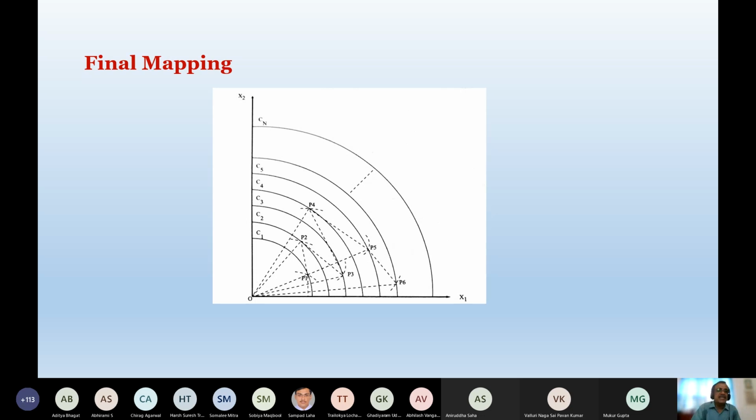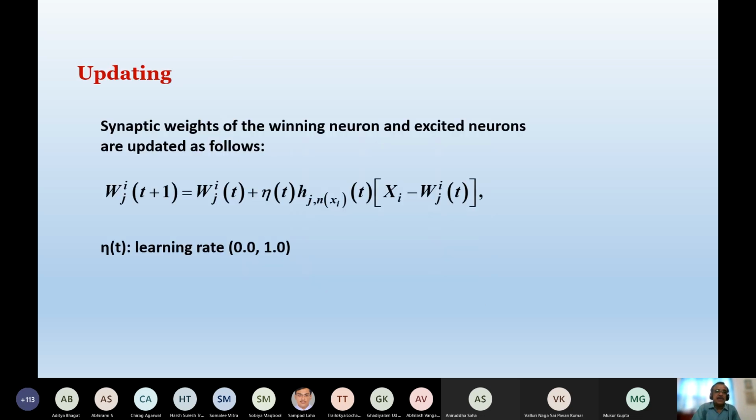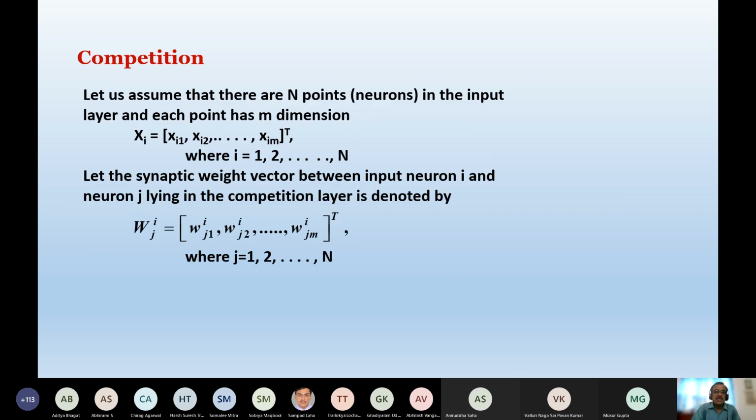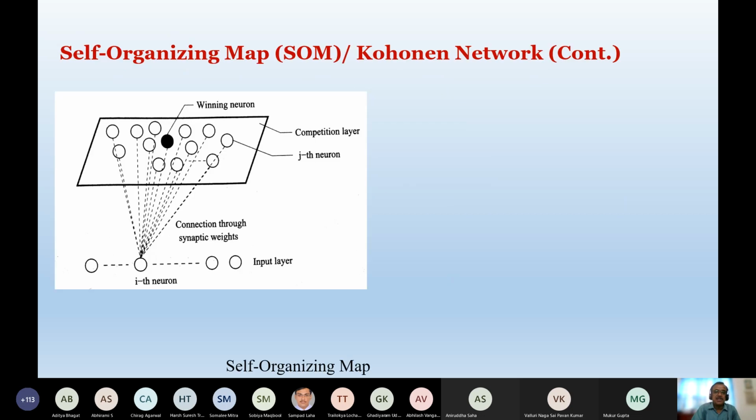Once you've got the points, only then are you able to draw your neurons on the competition layer. Are you getting my point? Initially there were no such neurons on the competition layer, and by following competition, cooperation, and updating, at the end you are able to draw all such neurons.